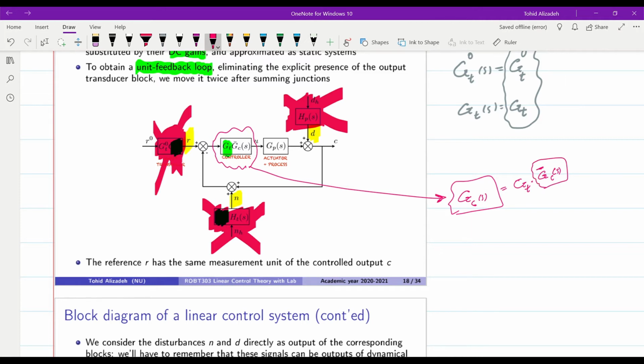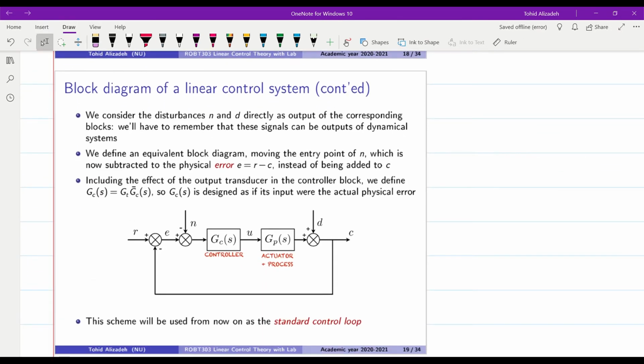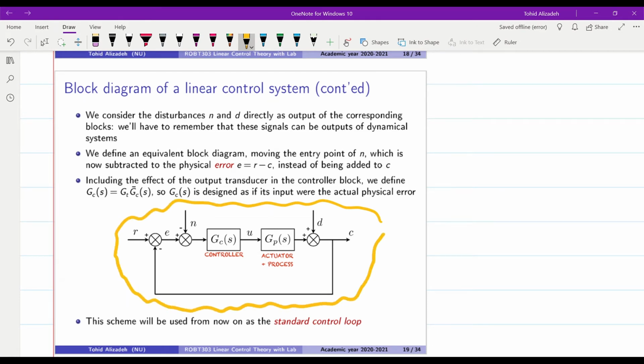So GC bar will be the actual controller, but in our designs we will find the GC of s. If you want to implement it, you should keep in mind that it should be divided by GT. If we do so, we will end up with the block diagram system, which is shown here.